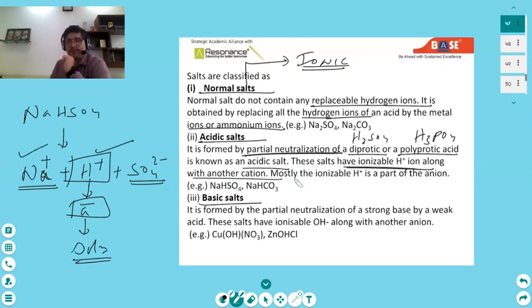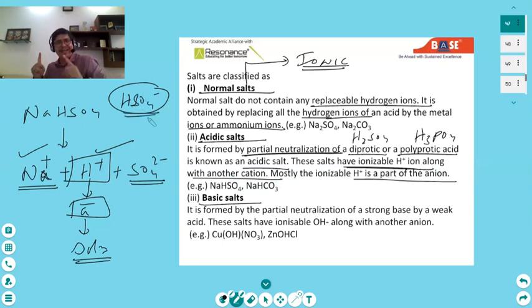The cation is sodium. Mostly the ionizable H plus is part of the anion, meaning it is part of HSO4 minus. That is the meaning of the last statement.